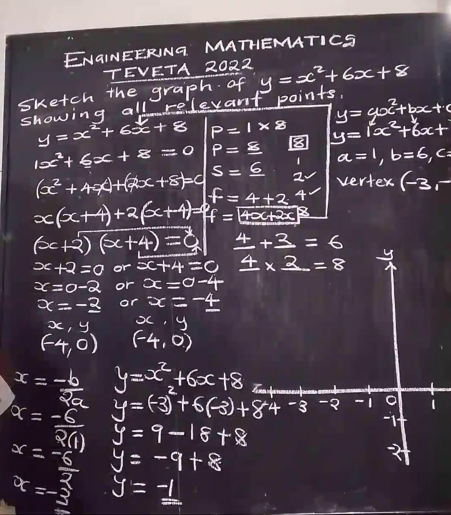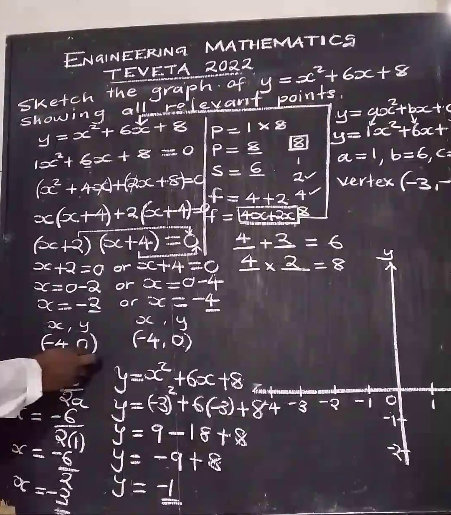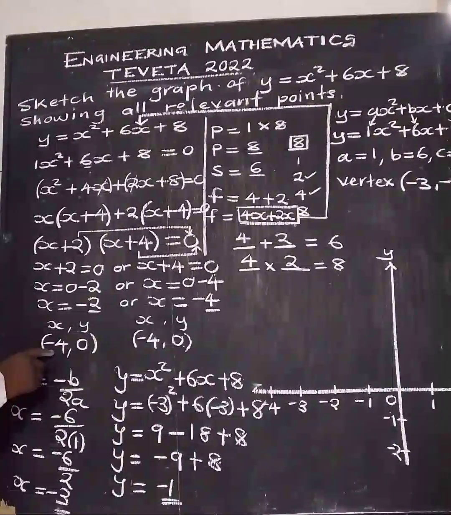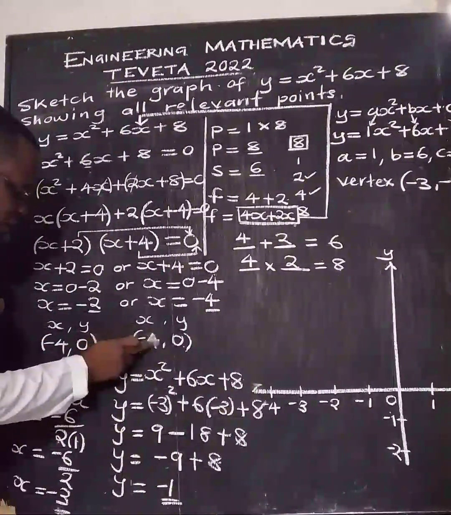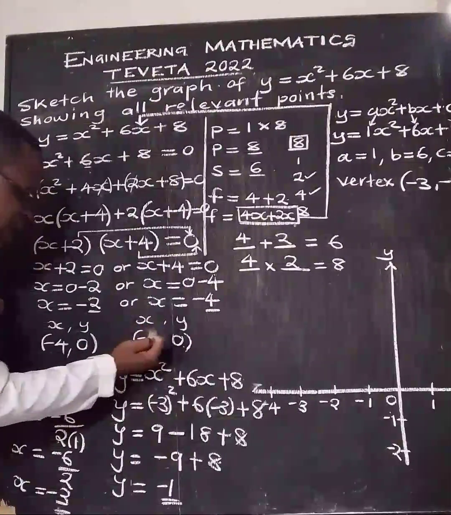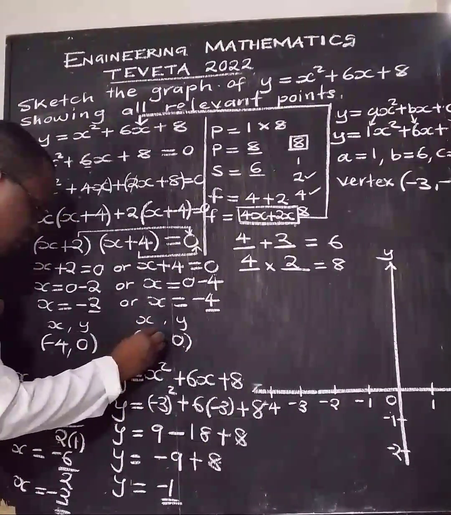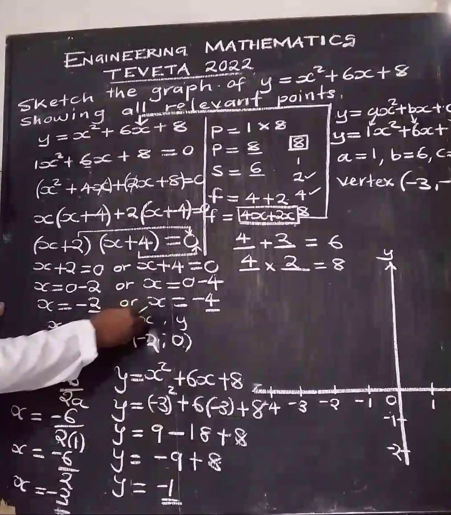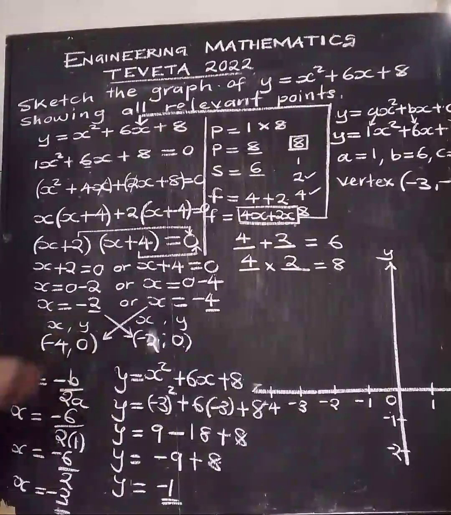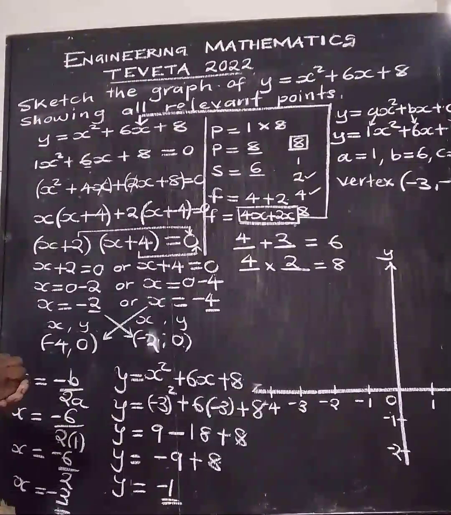Okay, so now we can come up with a graph, because we have the points, the coordinates. So the first one is what? Okay, let me just change this one. This one's supposed to be -2. Okay, so let's now move on.